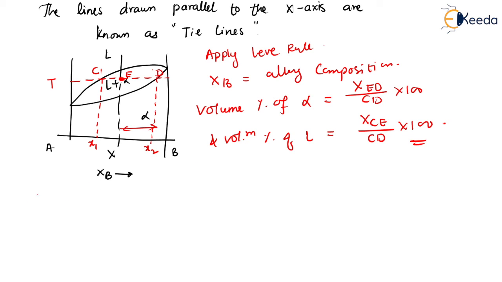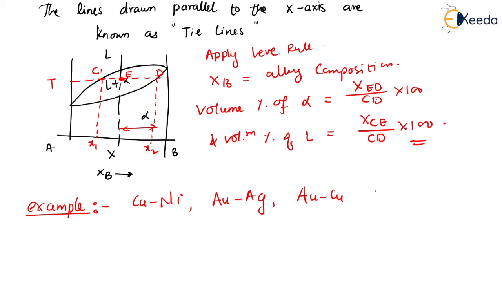So dear students, what are the examples of the isomorphous system? We have copper and nickel, gold and silver, gold and copper, then bismuth and tin, tungsten and vanadium, etc. These are the examples of the isomorphous phase diagram, right?